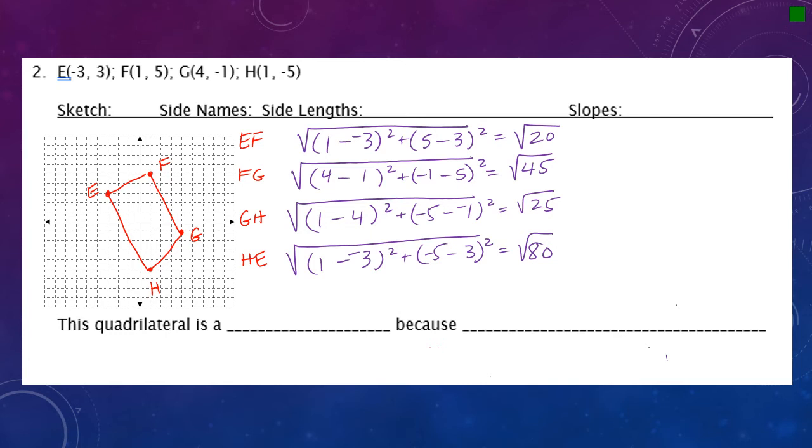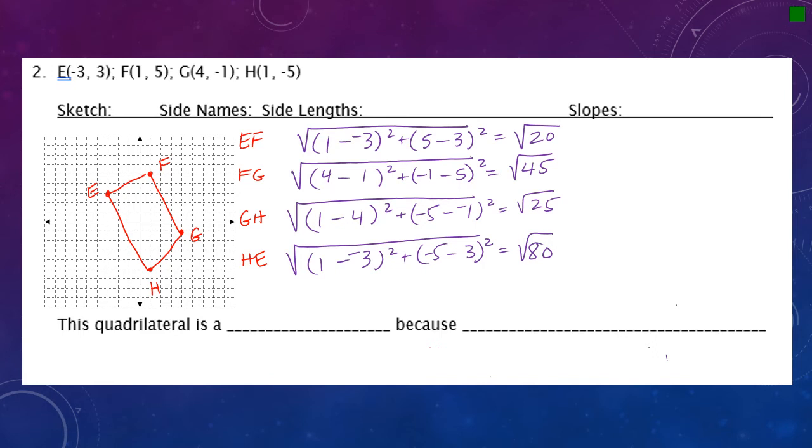Kite also has 2 pairs of equal sides, but they're adjacent. But again, I don't have any equal sides, so it has to be a trapezoid, or it could be just a generic quadrilateral. So before we can declare that this is a trapezoid, we have to go a step further and do the slopes. If this is a trapezoid, it should have 1 pair of parallel sides.